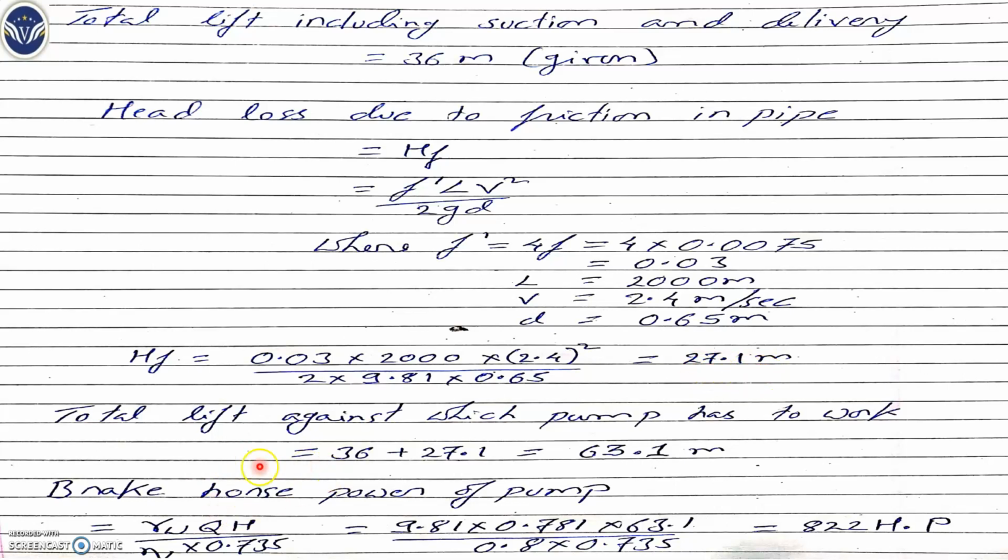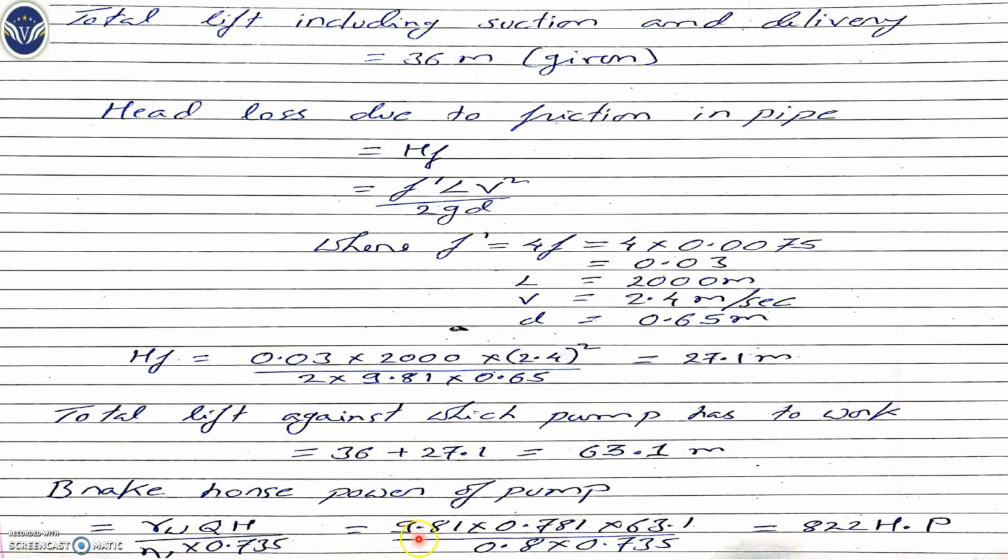Now what will be the total H? Total H consists of HS, HD and HF. So 36, which is already given, plus HF, that is 27.1. Now what will be the horsepower requirement? This equation is already given in the theory itself. It is rho W Q G H divided by eta into 0.735.